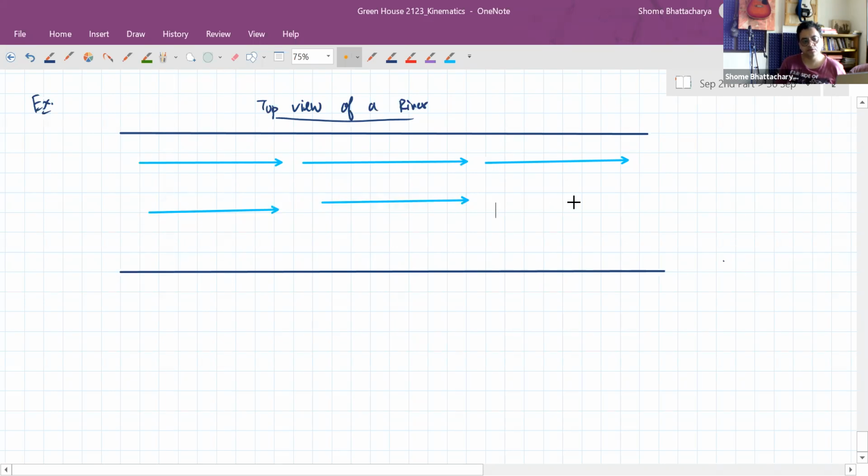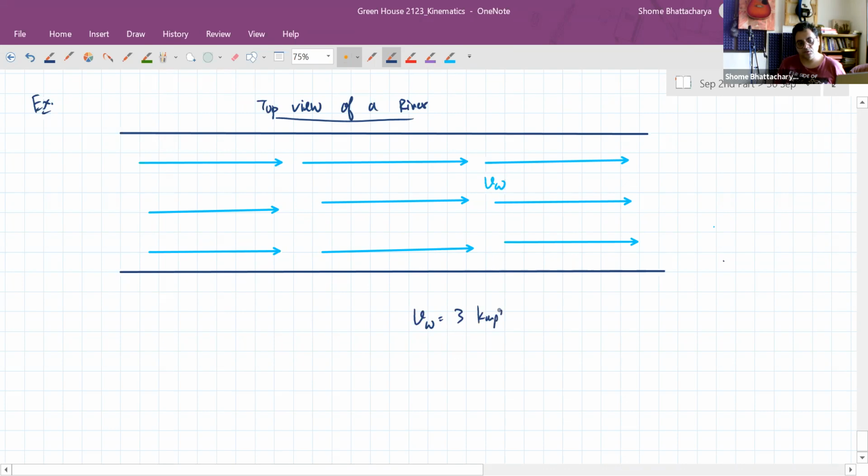Now this time we have a swimmer who's trying to swim across the river, but the velocity of the river current will tend to make him drift downstream. So same kind of situation, but the river water velocity is given to us this time as, let us say, 3 kilometers per hour. This is the river current velocity. Water flow.